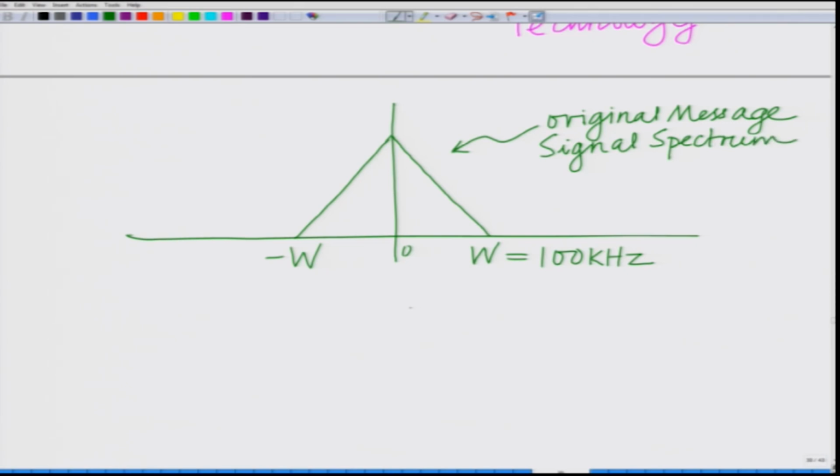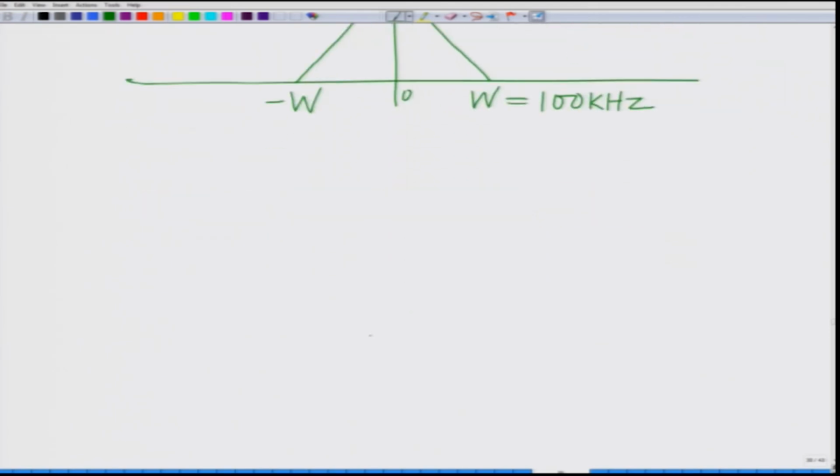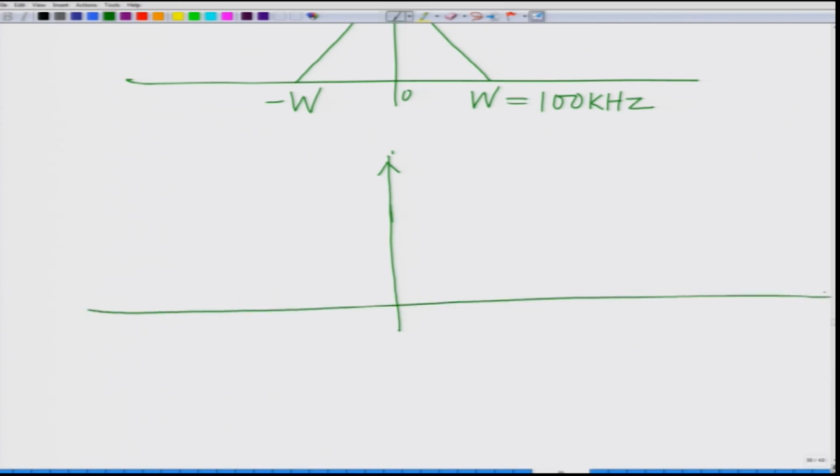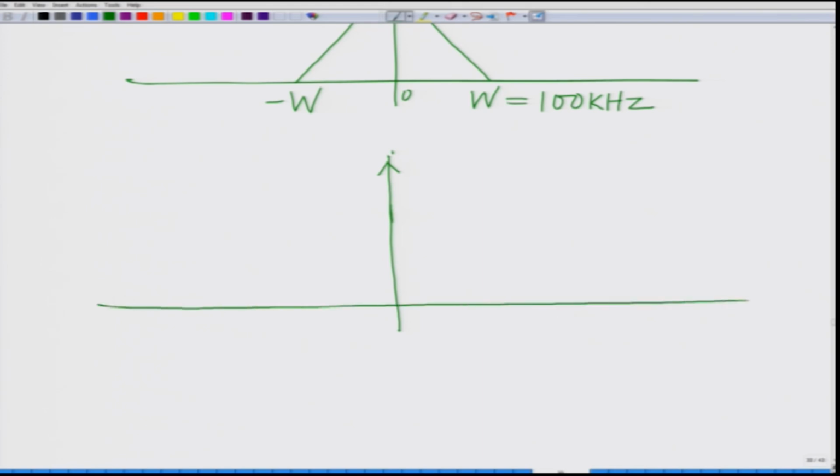Now, for the purpose of transmission, this is modulated to a very high carrier frequency. I am not drawing it according to scale. So, it is modulated to a very high carrier frequency, which means it is now shifted by Fc.